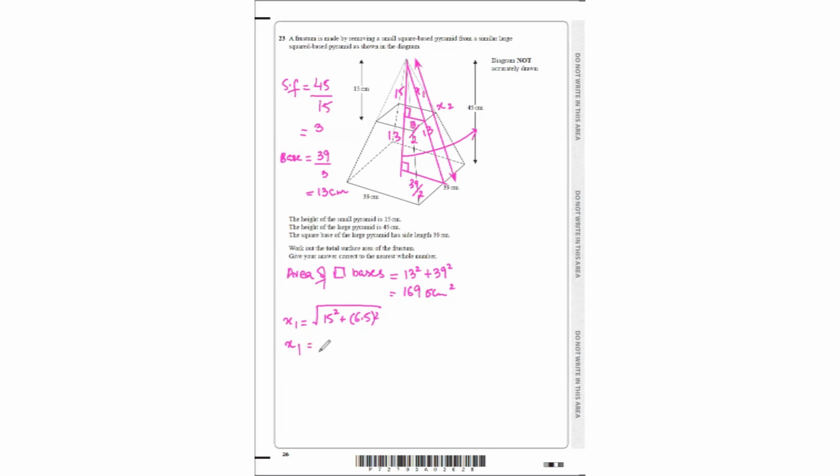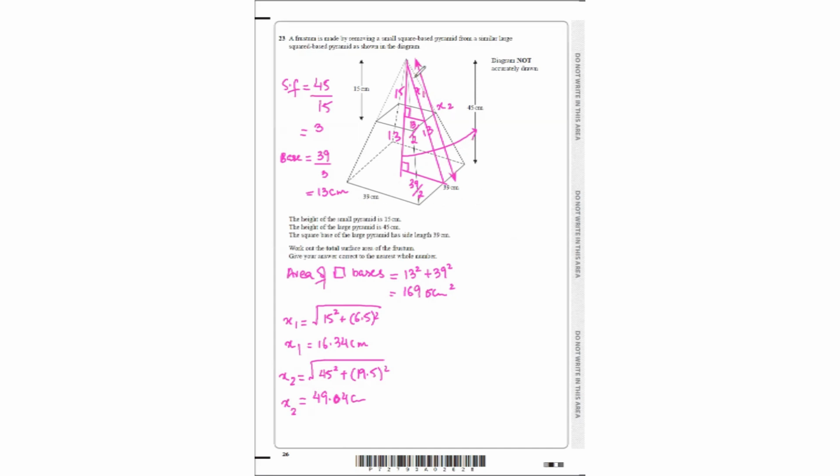So that is going to give me 16.34 centimeters. x2, which is the hypotenuse of the larger right angle triangle, that's going to be 45 square plus 13 divided by 2 square, which is 19.5 square. That is going to give me the value of 49.04 centimeters.